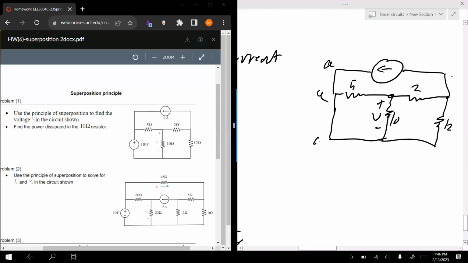A, B in here, C, C. To me, it looks like these 2 resistors are in parallel. So I'm going to combine those. This is 4 amps also.